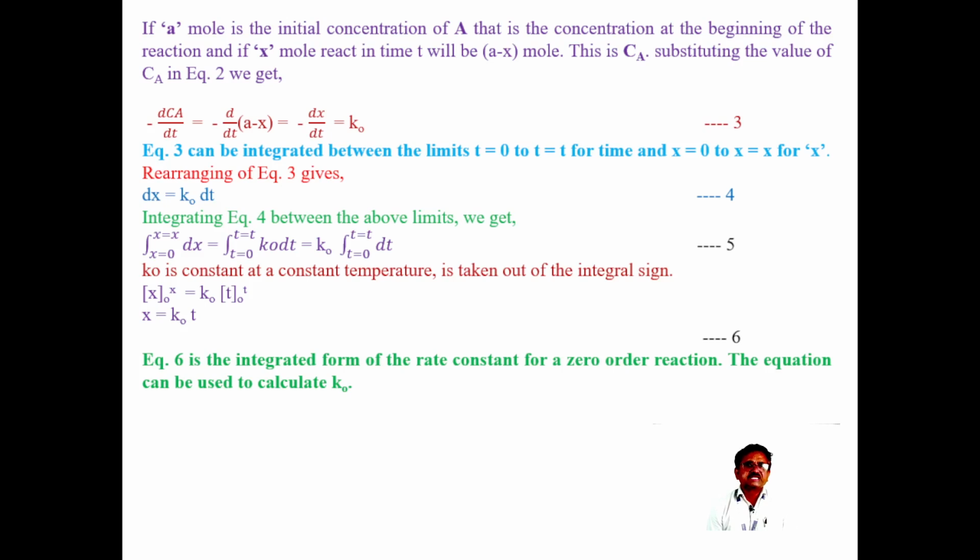Solving this integration, we obtain the equation x equals k0 t. Put this as equation 6. This equation 6 is the integrated form of the rate equation for a zero order reaction. This equation can be used to calculate k0, that is the rate constant for the zero order reaction.